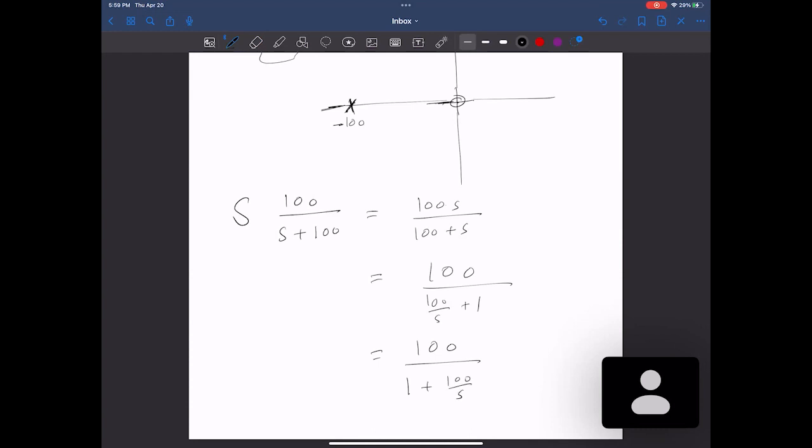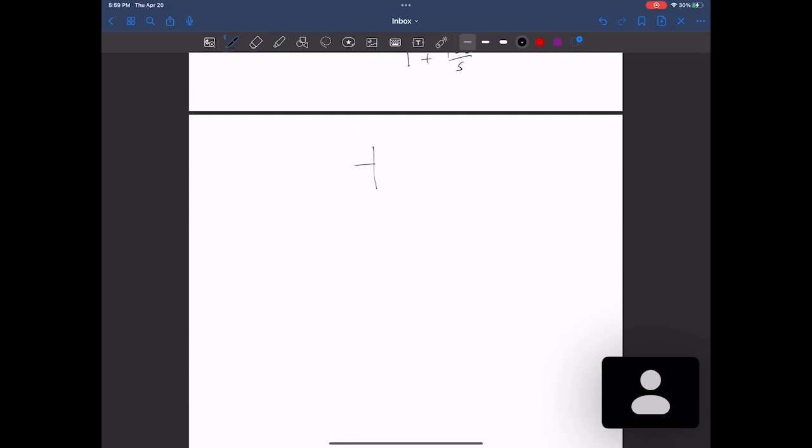Remember the negative feedback form: alpha over 1 plus alpha beta, forward path over 1 plus forward path times feedback path. So the suggestive form is as follows. A differentiator, I can write it this way, or I can write it as s, with a pole that filters its high frequency response.